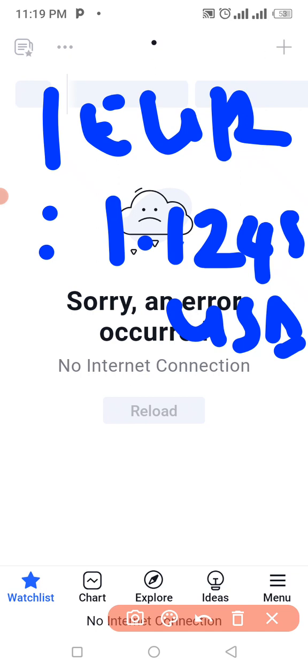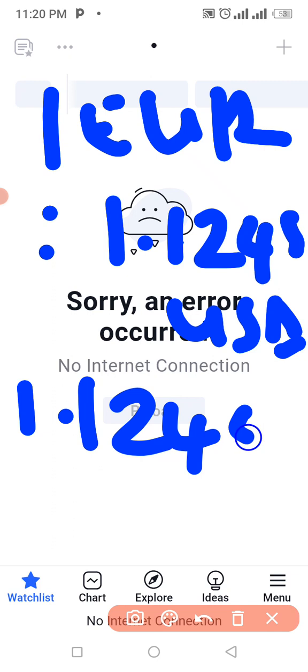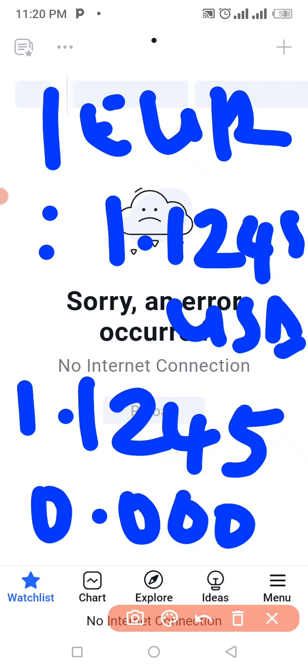Now, when we want to calculate the pip of a major pair in US dollar, it's a 4-digit number. For instance, as we have 1.1245, because it is in 4 decimal places, we are going to multiply by 0.0001 if we want to calculate the pips. A pip is just the small difference.